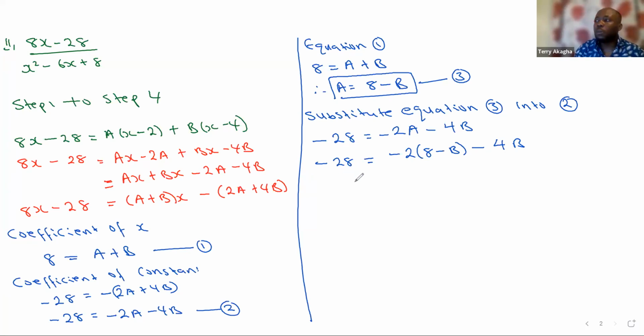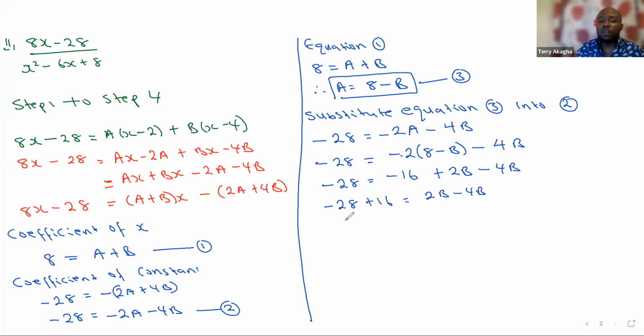Then, as usual, you open the bracket. So it's going to give you minus 28 is equal to minus 16 minus 2 times minus b will give you plus 2b, then minus 4b. Okay, you take 16 to the other side. So it will be minus 28 plus 16 is equal to 2b minus 4b.